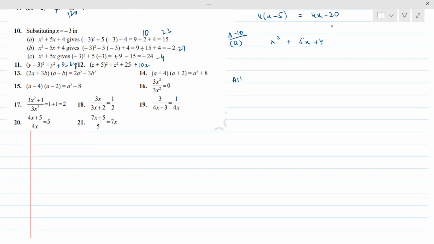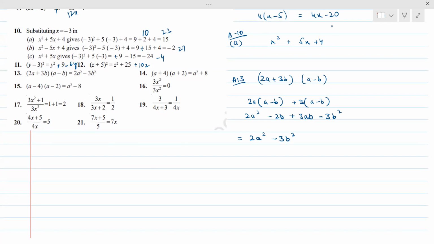If I do answer number 13, it would be 2a plus 3b into a minus b, which will be 2a multiplied by a minus b plus 3b multiplied by a minus b. So 2a square minus 2ab plus 3ab minus 3b square. And it is saying this, which is wrong. 2a square minus 3b square, it should be this also.